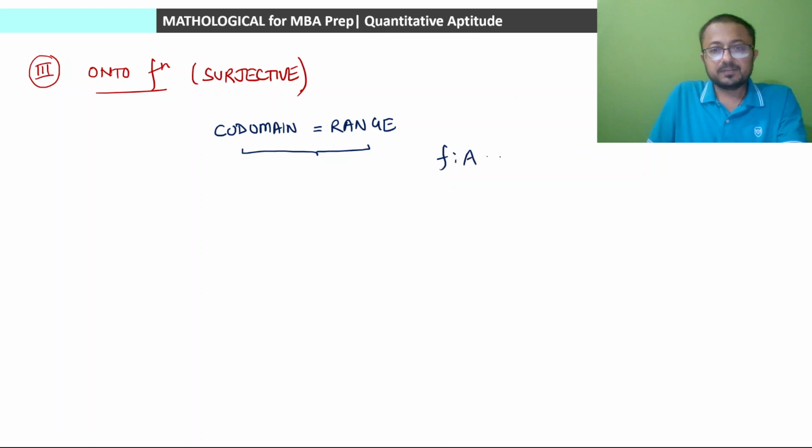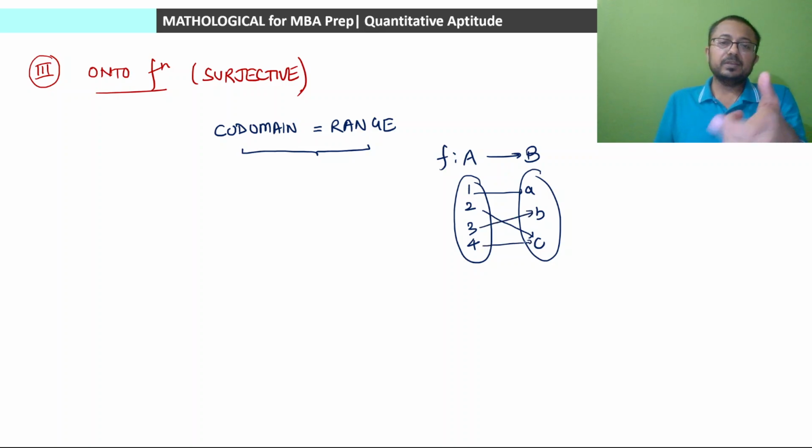For example, if our function is defined from A to B, A has four elements 1, 2, 3, 4, and B has elements a, b, and c, and 1 is mapped to a, 2 is mapped to c, 3 is mapped to b, 4 is also mapped to c. So in this case, this is a many-one function, because 2 and 4, two elements of the input, are connecting to one element of the output.